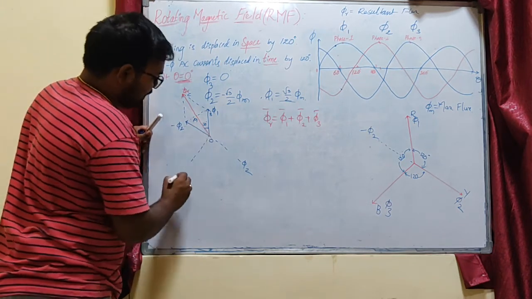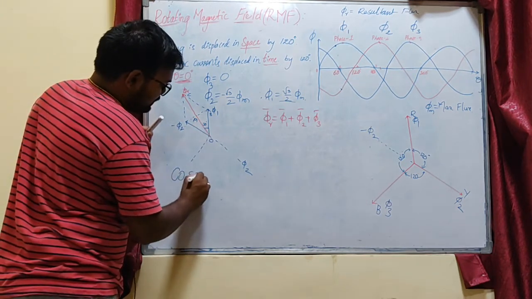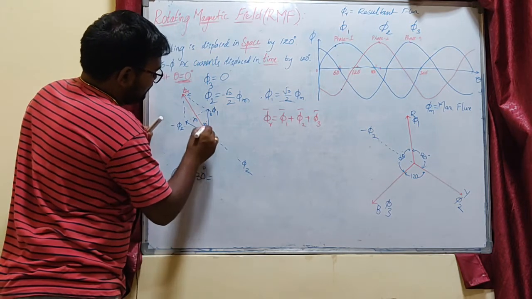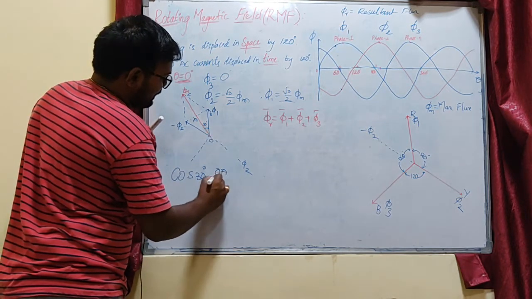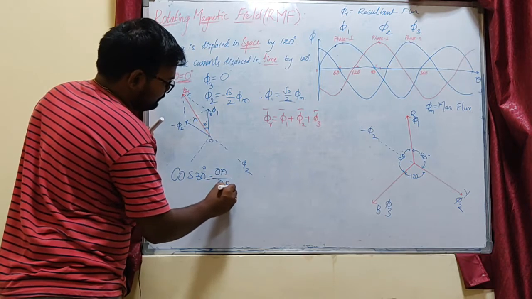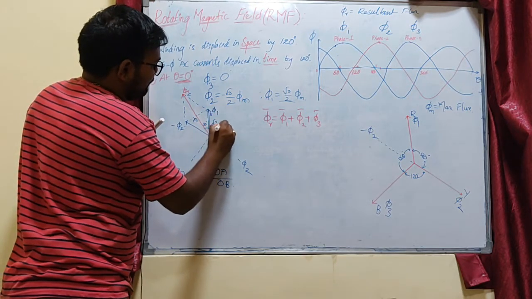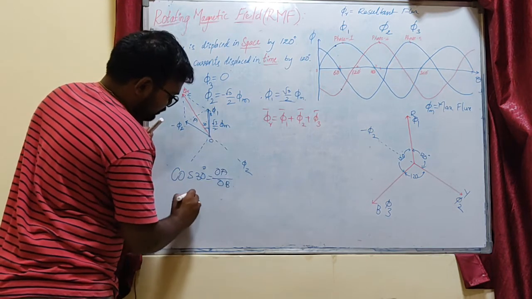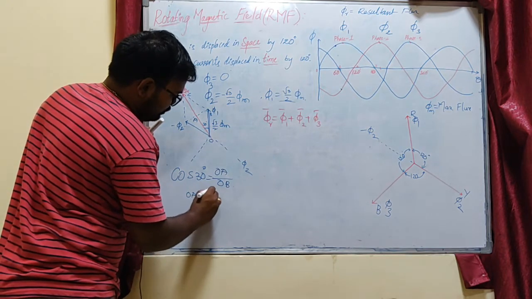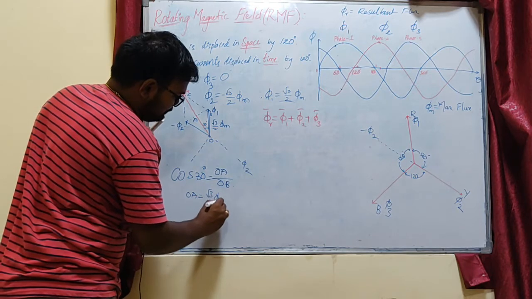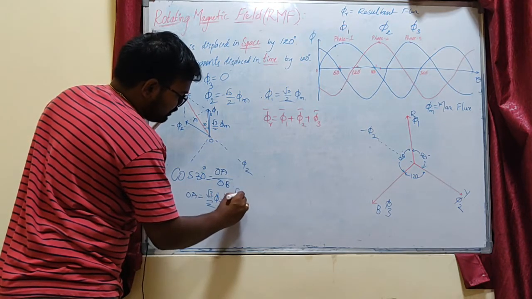So, I am applying cos 30 here, which is cos 30 degrees equal to the adjacent side, which is OA, by the hypotenuse, which is OB. Okay, OB value is root 3 by 2 φm, right. So, OA will be root 3 by 2 into φm into cos 30, which is root 3 by 2.